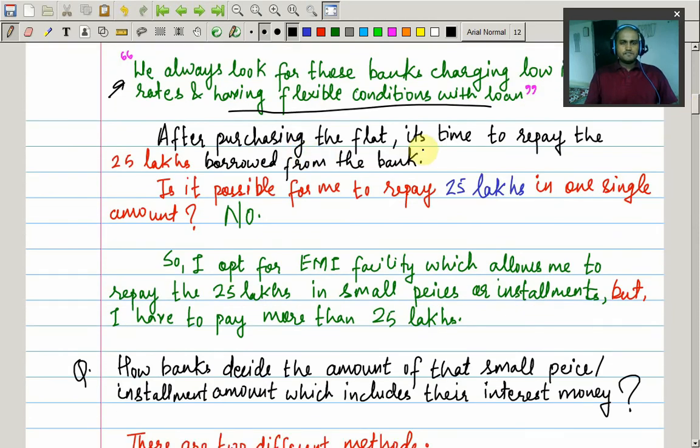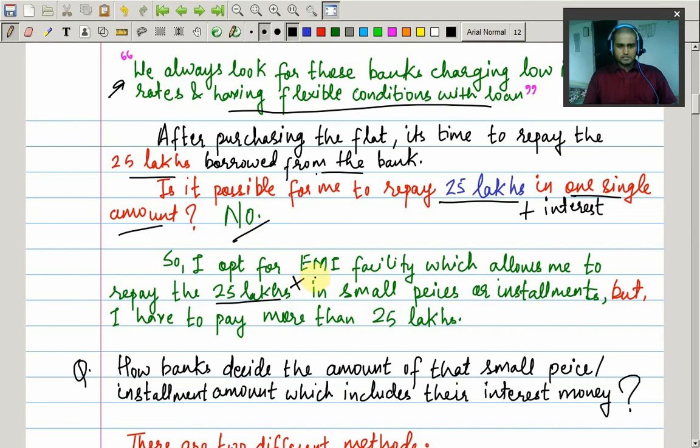After purchasing the flat, it's time to repay the 25 lakhs borrowed from the bank and obviously some interest money. Is it possible for me to repay 25 lakhs plus interest to the bank in one single amount? No. So I opt for EMI facility, which allows me to repay this 25 lakhs plus some interest.